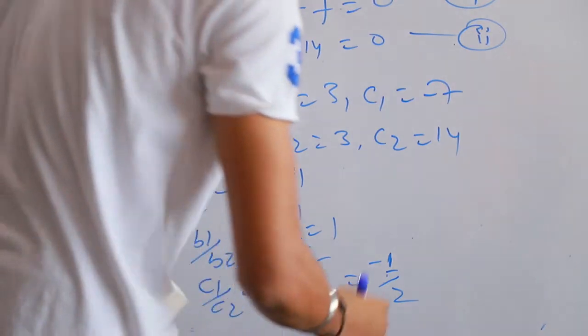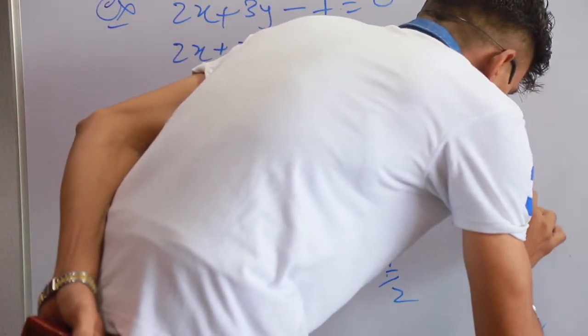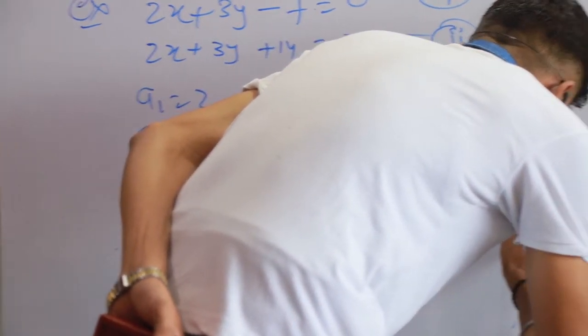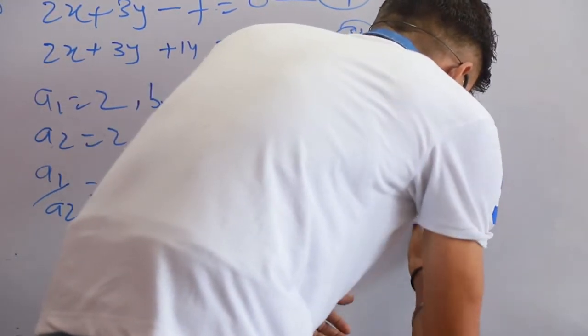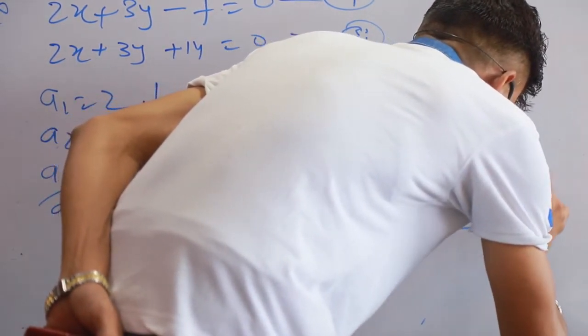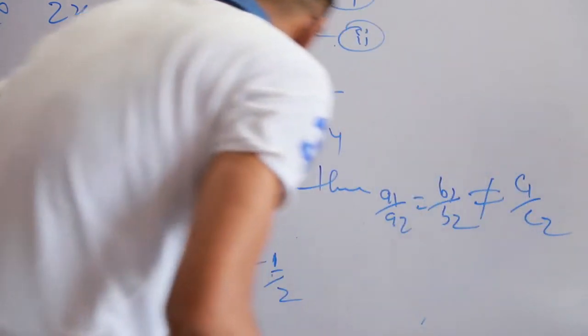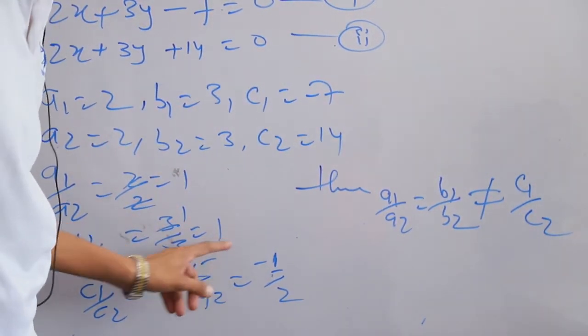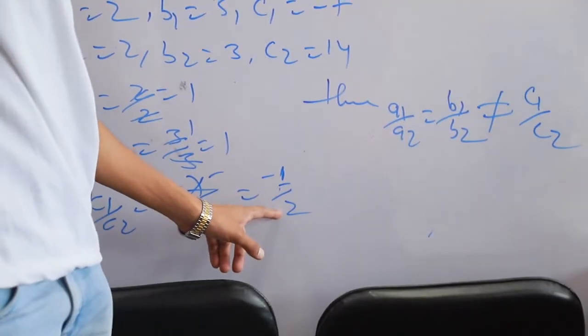In this case, a1 by a2 is equal to b1 by b2 but does not equal to c1 by c2. That means here a1 by a2 is equal to 1, b1 by b2 is also equal to 1, and c1 by c2 equal to minus 1 by 2.